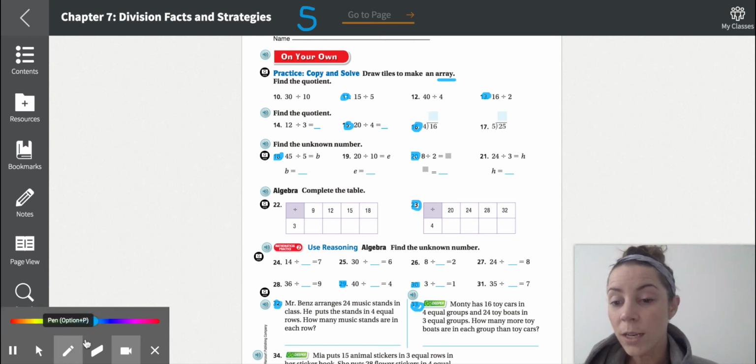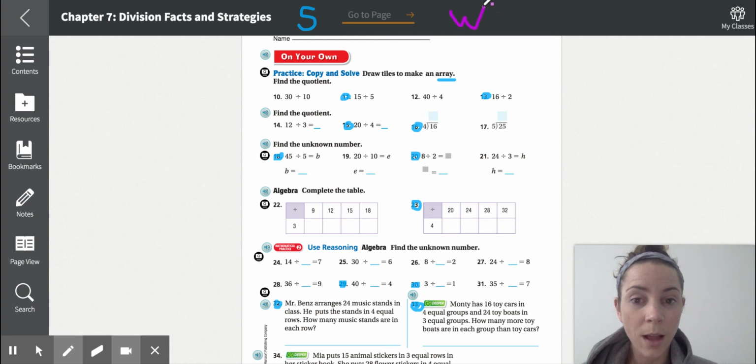Okay, my windy cities, I want you to try, here's your W and your color. I want you to also do number 11 just to practice arrays. Number 15 and 16.